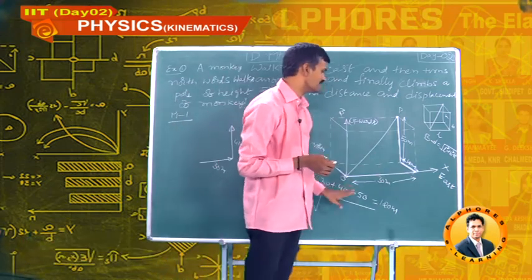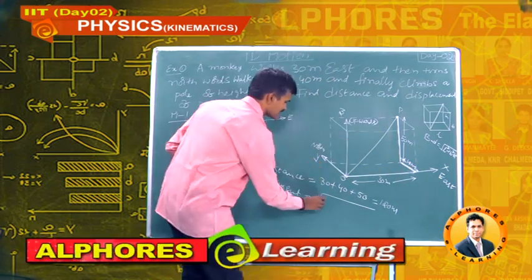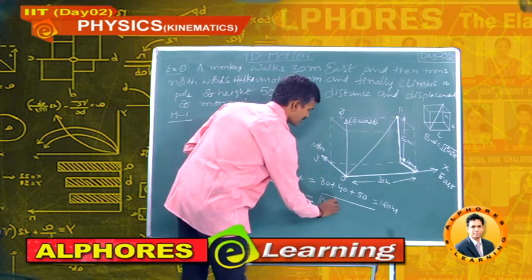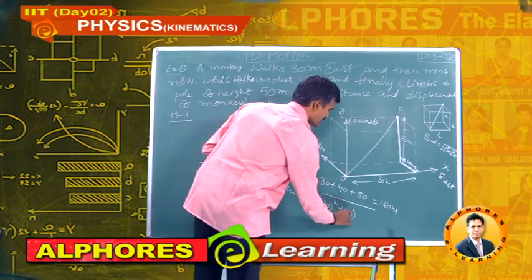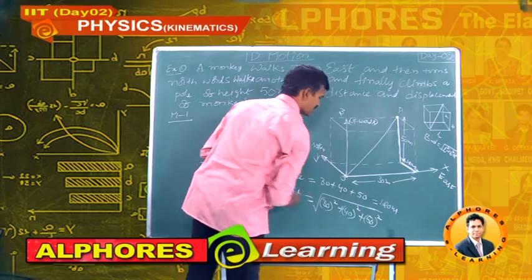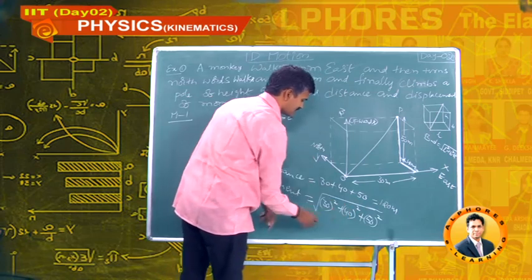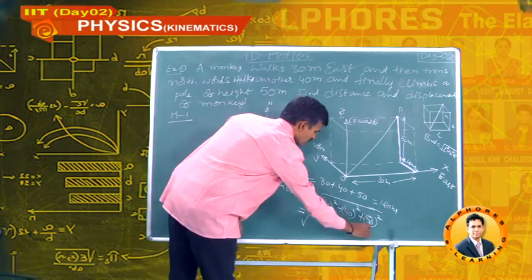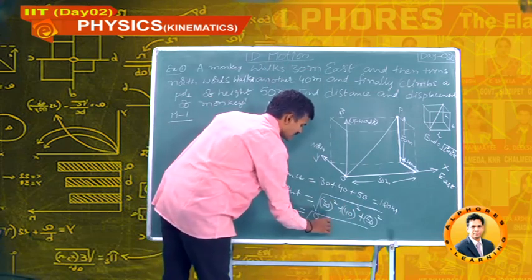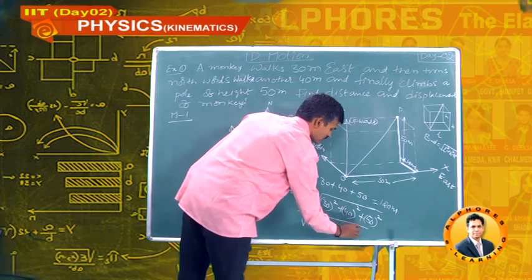Length is 30, breadth is 40, height is 50. So, this is under root 30 square plus 40 square plus 50 square, that is under root 900 plus 1600 plus 2500.